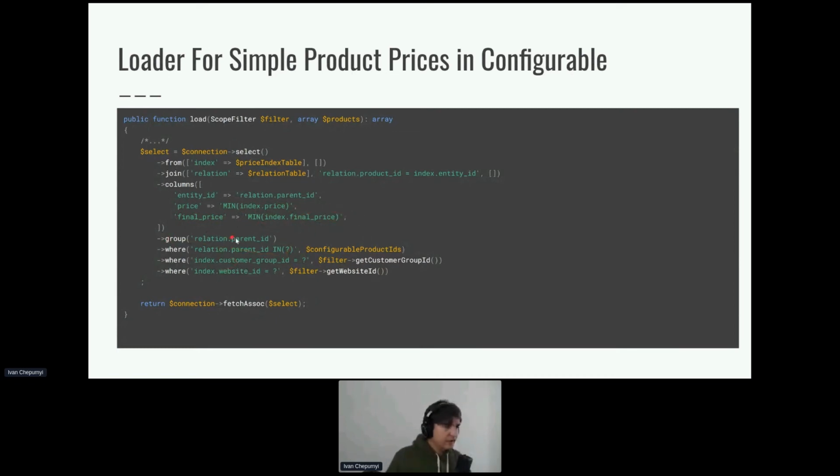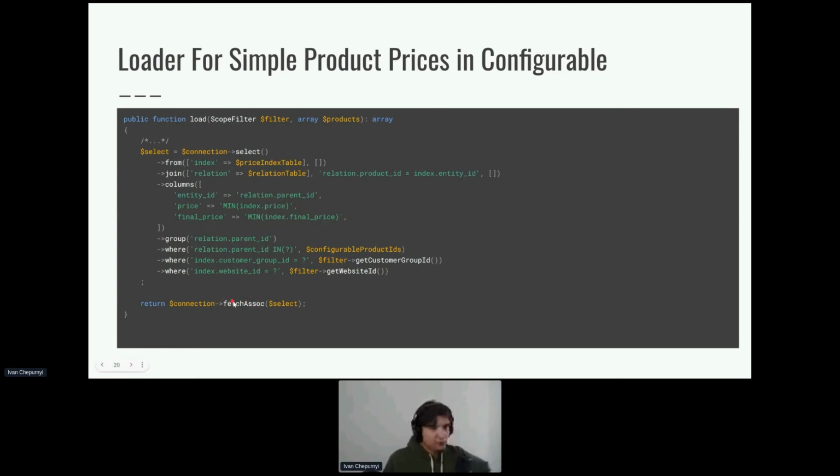Then we group by parent ID from the relation table, and then we also add a condition of parent ID in a list of configurable product IDs. We also add a filter by customer group ID and by website ID itself. So in the end, there is a small trick that you probably never heard of in Zend DB.